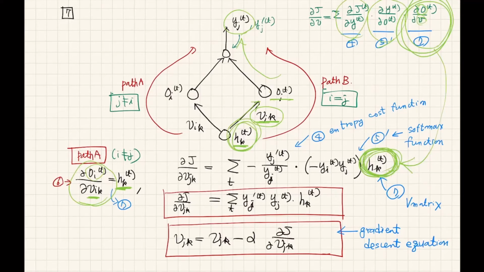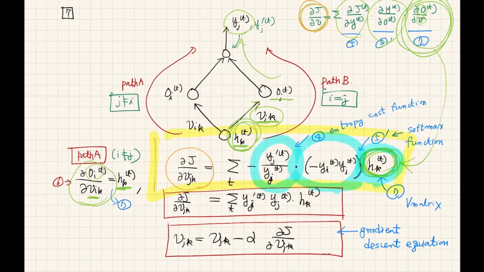So the conclusion is that the derivative of J with respect to the vector V can be the summation of this equation. The first term is the derivative of the cost function, the cross-entropy function. The second term is the derivative of the softmax function.